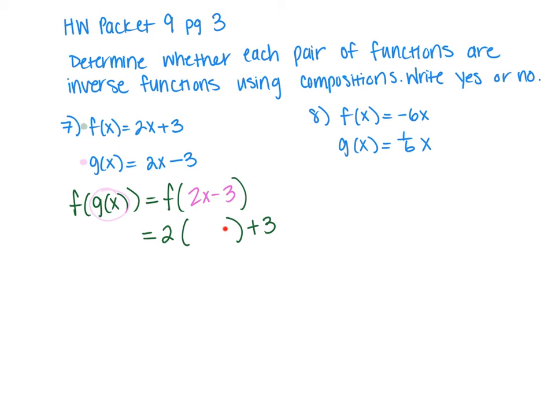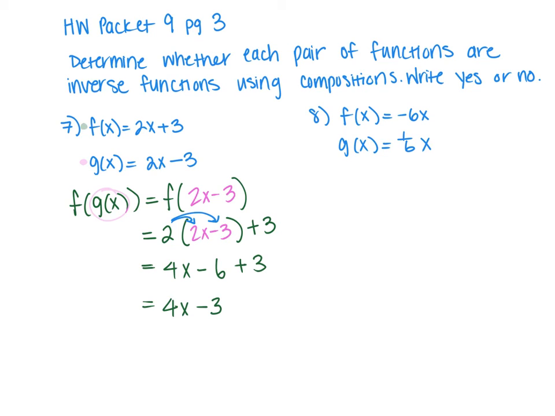Now, in the open parentheses, I am going to plug in what I'm supposed to, which is the 2x minus 3. So I'm going to plug in 2x minus 3, and then I'm going to go ahead and distribute the 2 in to try to simplify this. So I get 4x minus 6, and then I have a plus 3 outside, so I'm just going to carry that down. And if I simplify, this is really just 4x minus 3, but looking at it, that's all I can do.